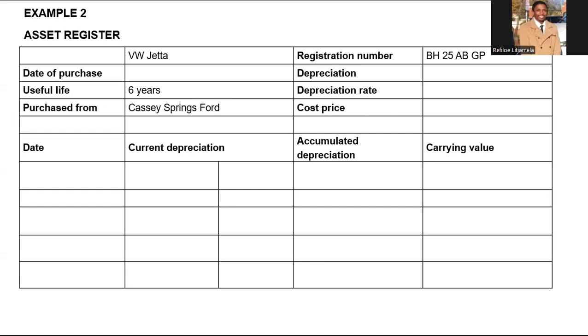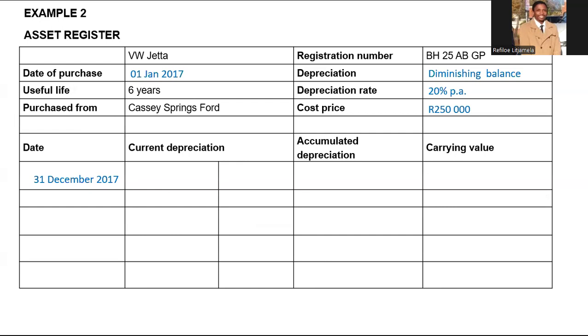This is when this asset was purchased, depreciation method, depreciation rate, as well as the cost price. I will give you the end of the first year, which is the 31st of December 2017. For that year, we used this asset from January to December, so we use it for 12 months.